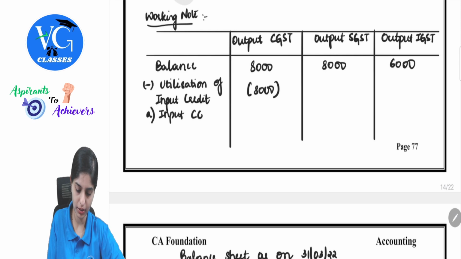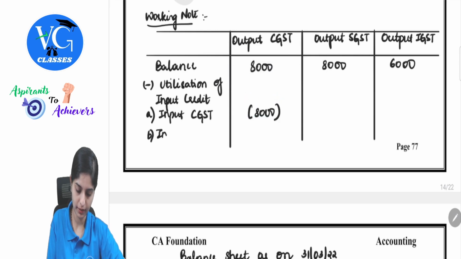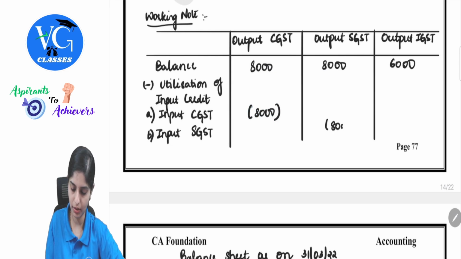Input CGST, then input SGST, 8,000 here. So here there is no balance left.